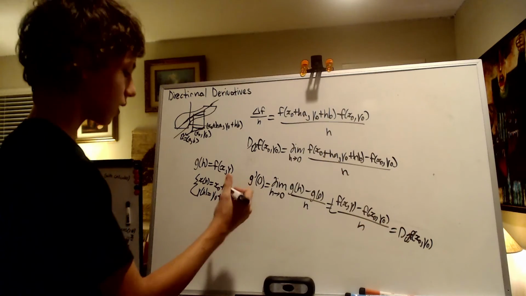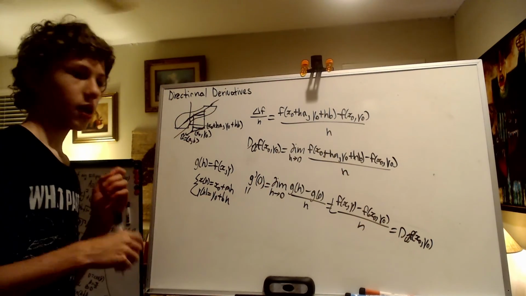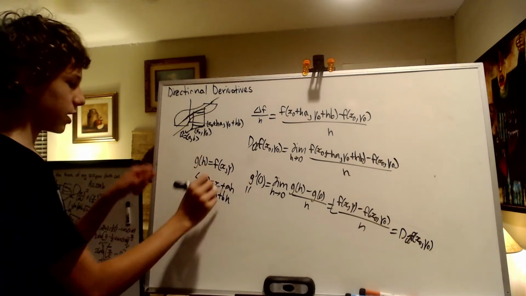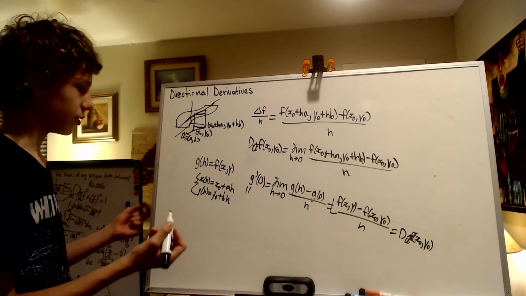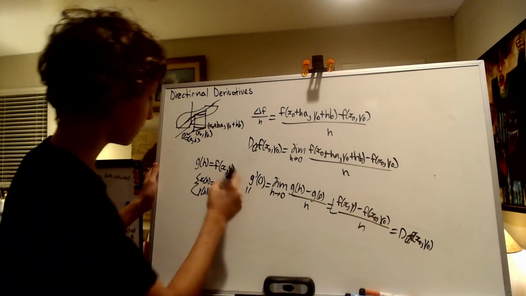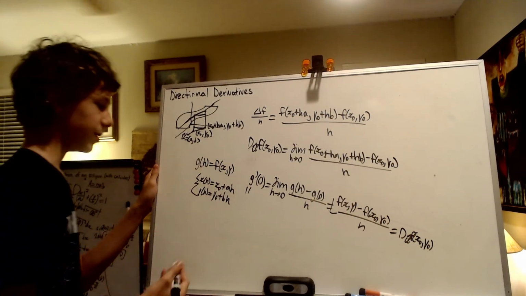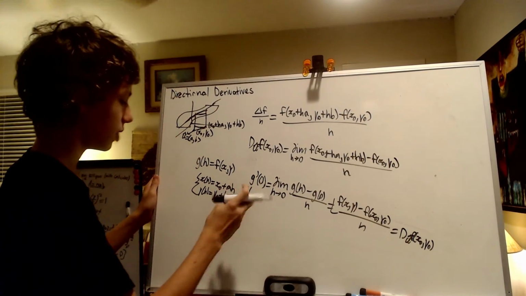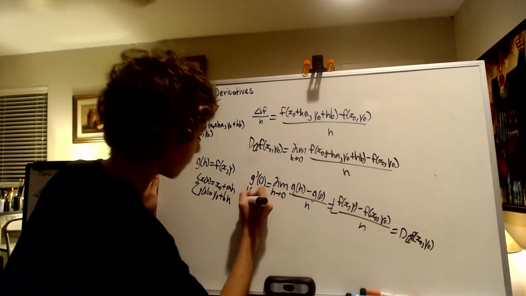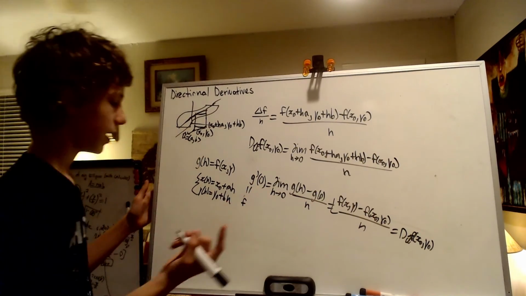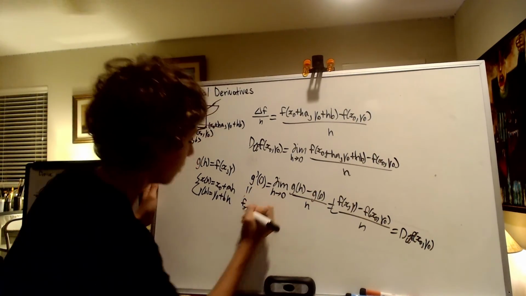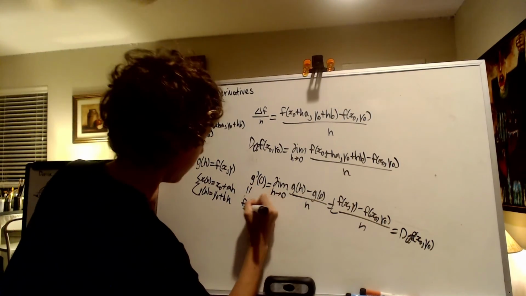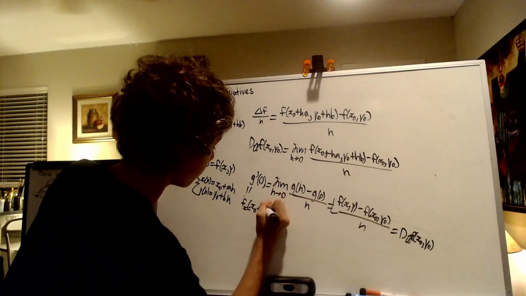And now let's evaluate this instead with the multivariable chain rule. If we take the derivative of this function without setting it equal to 0, we're going to get the partial derivative, which I'll write in a nicer way, as f in the x direction at x naught plus ah.